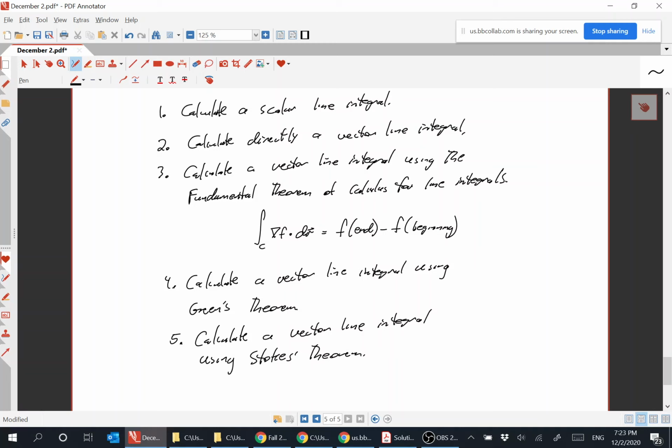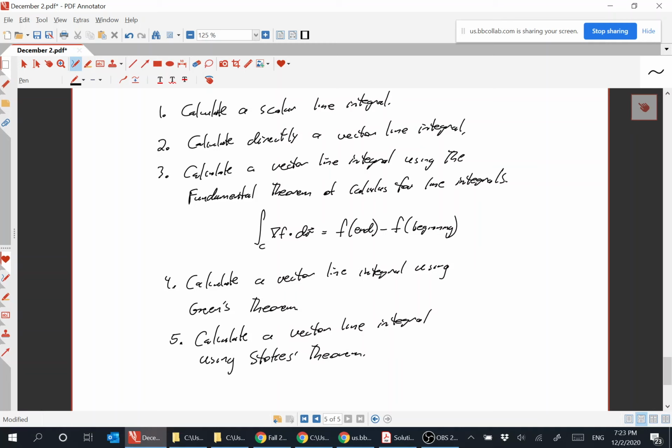They're all used for calculating vector line integrals. So there's calculating directly, calculating over a conservative vector field using the fundamental theorem of calculus, Green's theorem, and Stokes' theorem. I'm certainly not going to ask both Green's theorem and Stokes' theorem. It'll be one or the other, because Green's theorem is the 2-dimensional simplification of Stokes' theorem, or Stokes' theorem is a 3-dimensional generalization of Green's theorem.